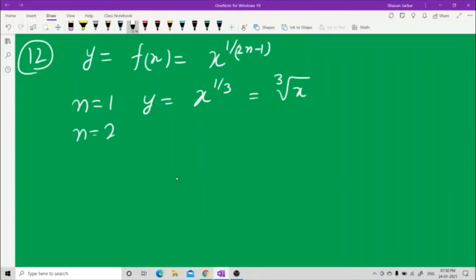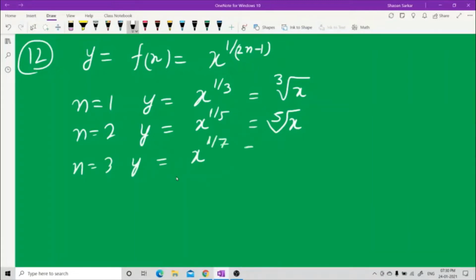Now n equal to 2, y equal to x to the power of 1 upon 5, that is the fifth root of x. And n equal to 3, and so on and so forth, this is 1 upon 7, the seventh root of x, and so on.